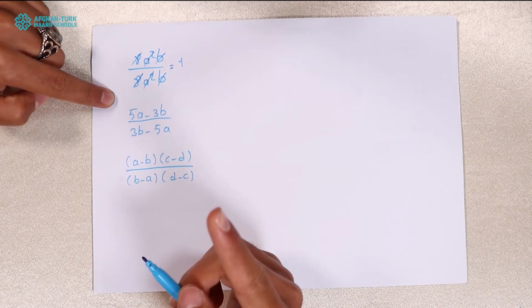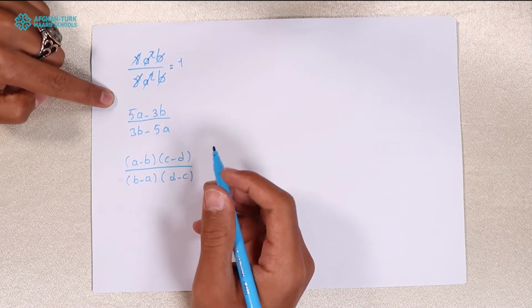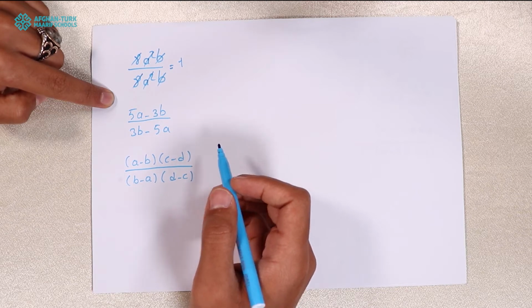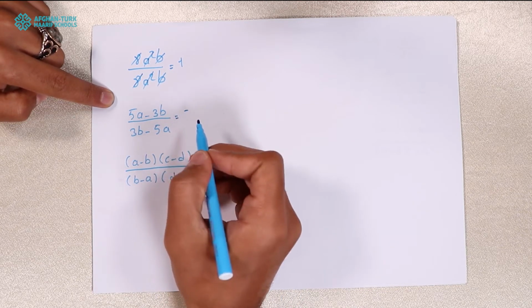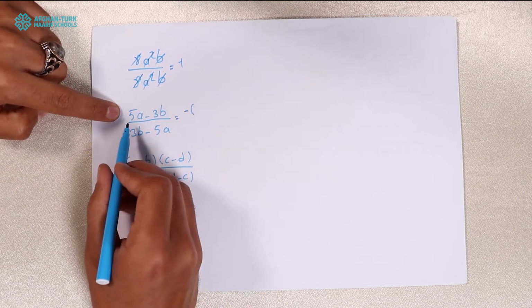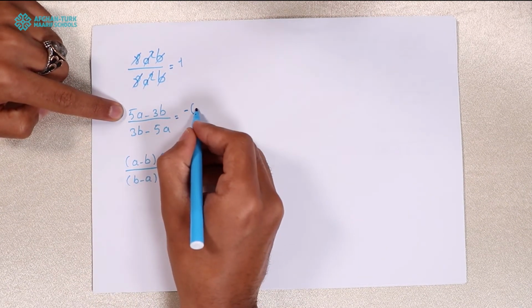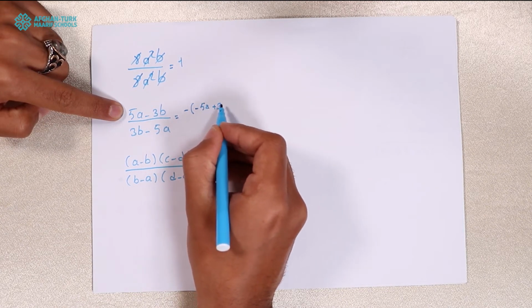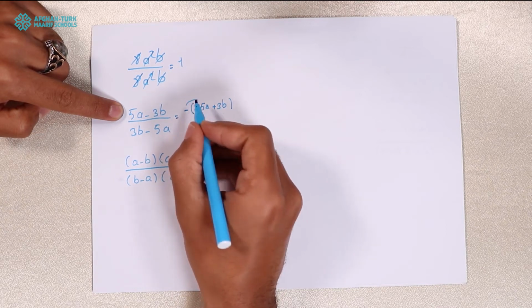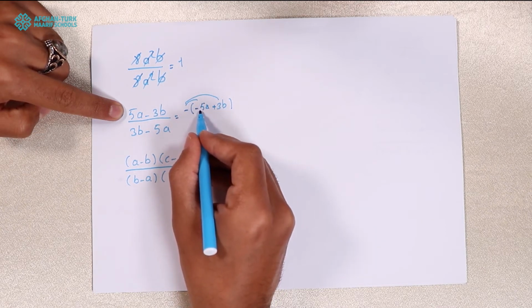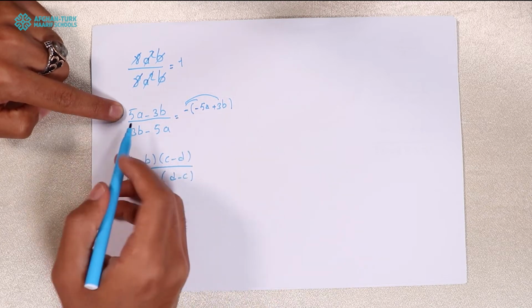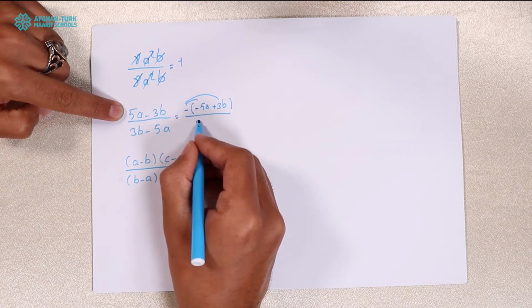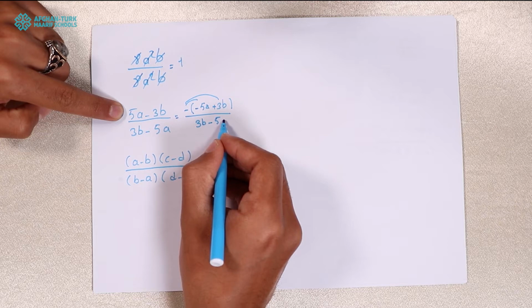So by factoring just a minus out of the denominator, we can cancel them. If we take a minus out of the parentheses, the answer is minus 5a plus 3b. Why? If we multiply this minus with each term again, then we get 3b minus 5a.